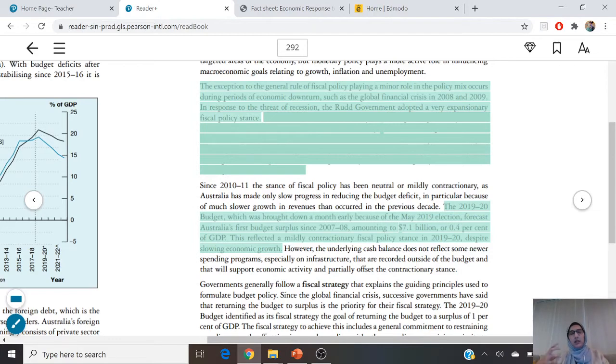Now, if you look at the past few years, Australia hasn't been doing badly. We have been performing quite well, but our economic growth could definitely be better, right? So we could have had more economic growth, but we did not. We've basically had what you call slow economic growth. We've had economic growth, but we haven't had enough of it.